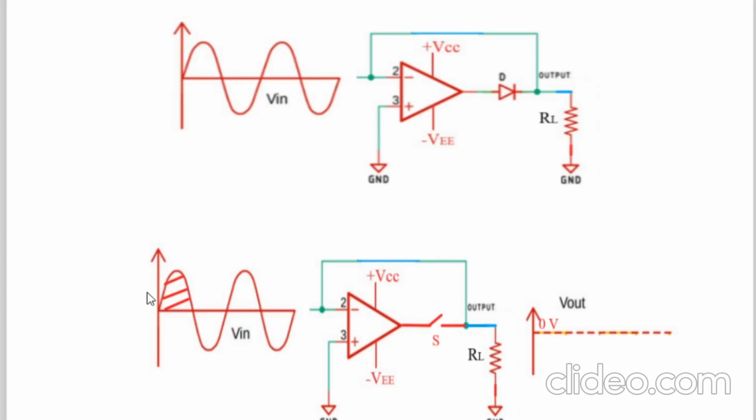In this way, during the entire positive half cycle, the diode will not conduct at all, because during the entire positive half cycle, after 10 millivolt only, the output of the op-amp is in LVL, low voltage level, and it is very simple. And this is everything given over here in writing.